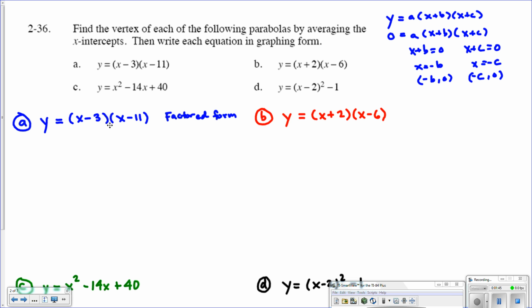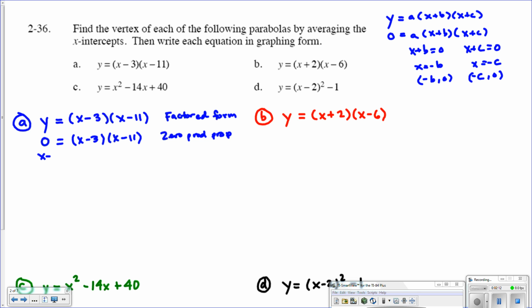So what we're going to do here is the same exact thing with problem A. Let's put in 0 for y, because that's what our y coordinate would be on the x-axis. And we've got x minus 3 times the quantity of x minus 11. Let's use the zero product property to get our x-intercepts.